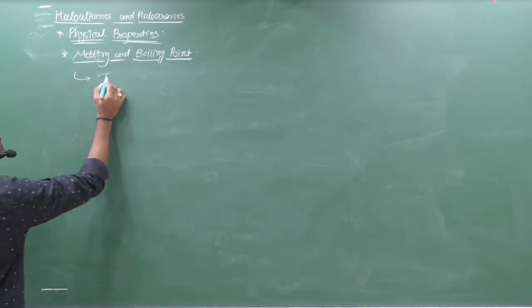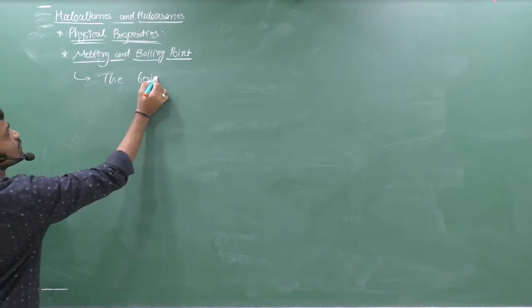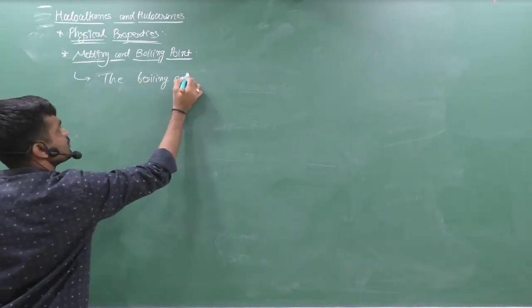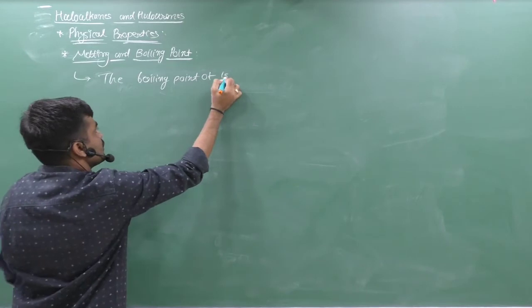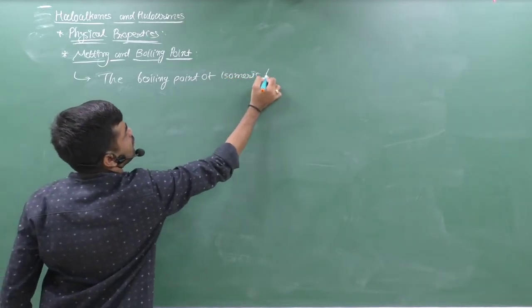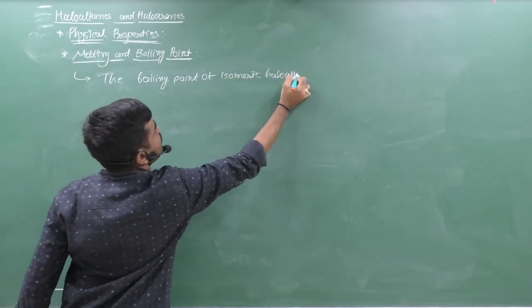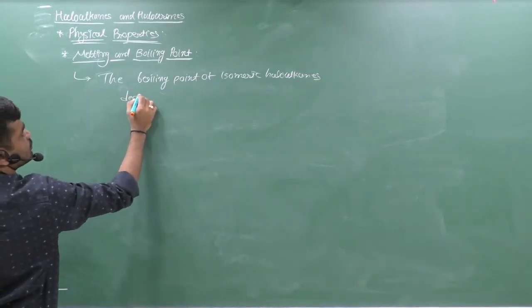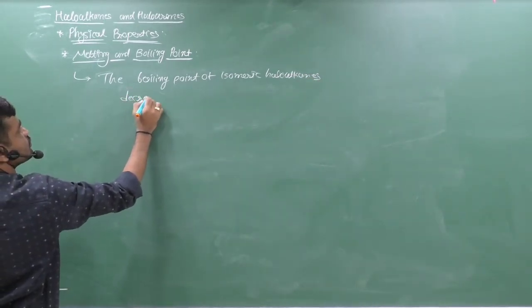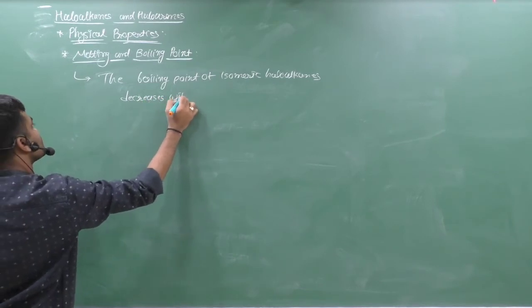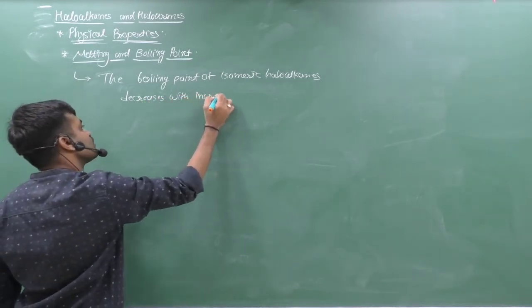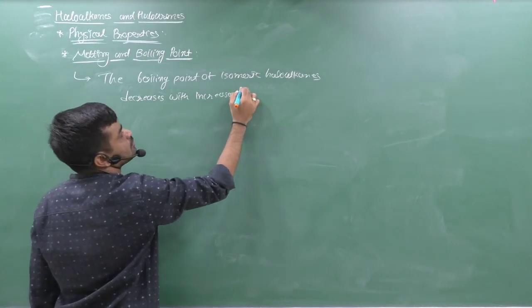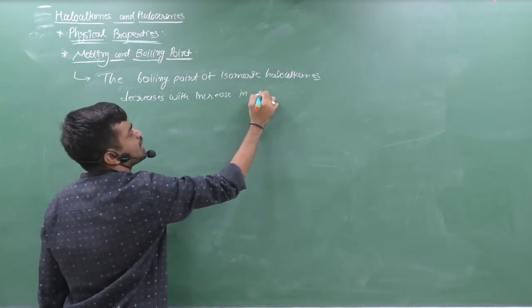Next, the boiling point of isomeric haloalkanes decreases with increase in branching.